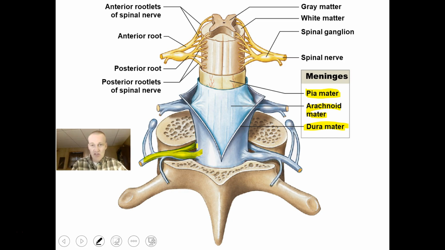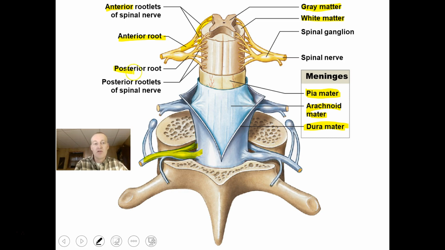So you can see the top view up here shows you the gray matter. It shows you the white matter. We can see the anterior rootlets coming out, or the anterior root coming out. It will branch into rootlets as it goes into the spinal cord, but the root is an important part.